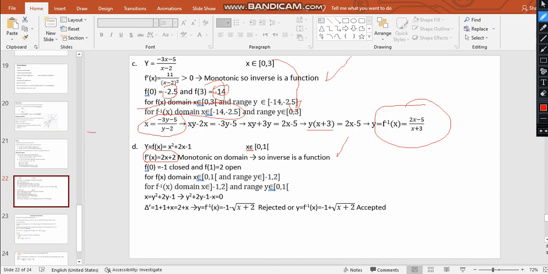So what do we do? We replace x by y and y by x. We take everything to the first side. Here in this equation of second degree, a is 1. b prime, I'm going to do delta prime, is 1 instead of being 2, and c is minus 1 minus x. So I have delta prime equal b prime squared, which is 1, minus ac, plus 1 plus x.